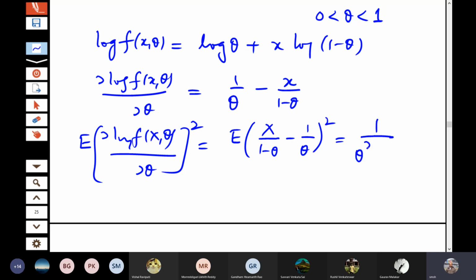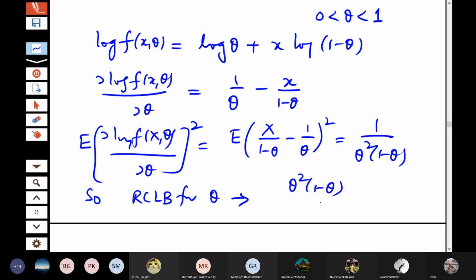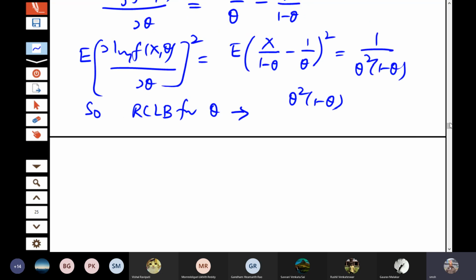So it gives you this term. I have taken n is equal to 1, so I will write only theta square into 1 minus theta. I am not writing theta square into 1 minus theta by n here.